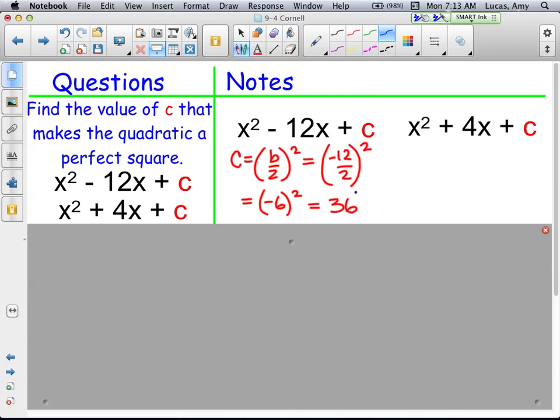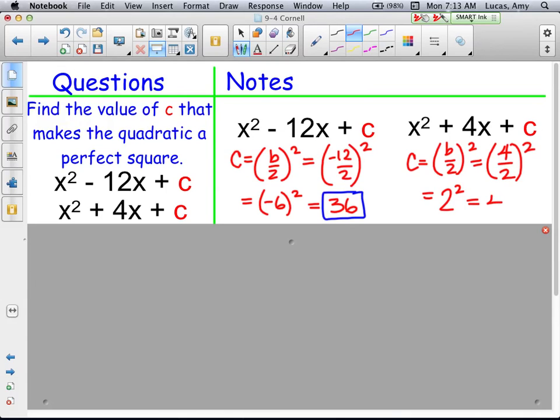So my answer is 36. That's the value that would complete the square. The next one, c equals b divided by 2 squared. On this one, b is 4. So 4 divided by 2 is 2. 2 squared is 4. So 4 would complete the square.